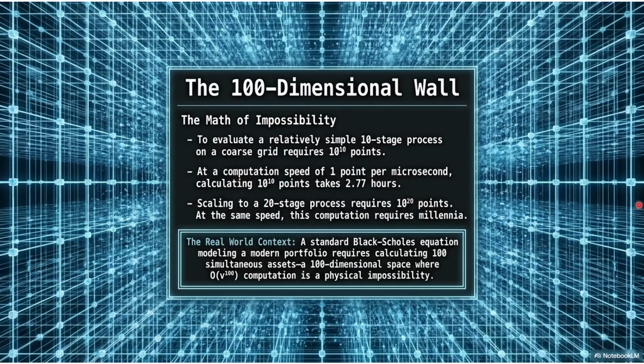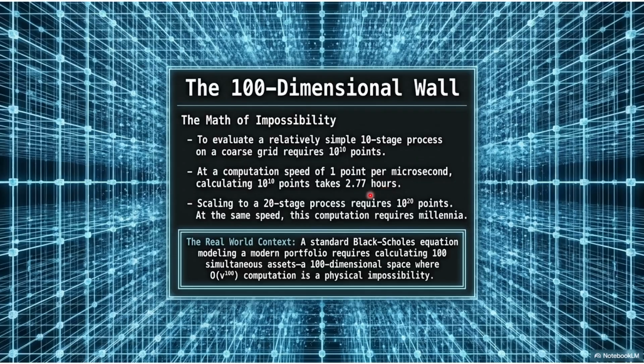This brings us to the 100-dimensional wall, which illustrates the math of impossibility. To evaluate a relatively simple 10-stage process on a coarse grid, we need 10 to the power of 10 points, assuming a computational speed of 1 point per microsecond. Calculating those points would take almost 3 hours.